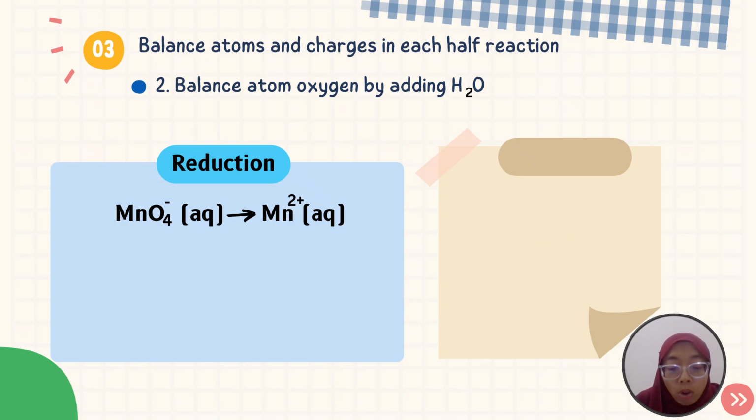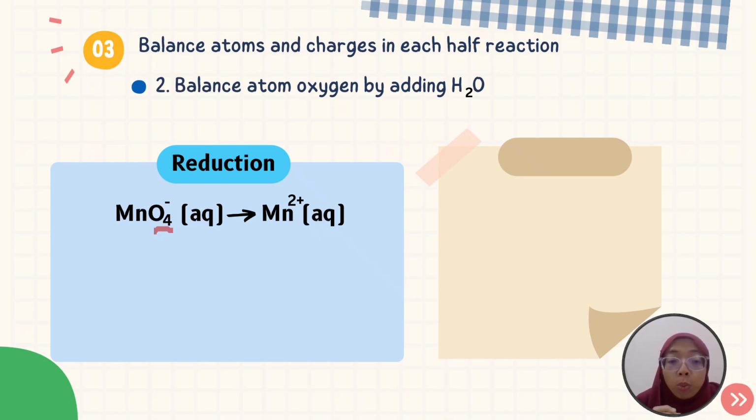The left side has 4 oxygen atoms. For the right side, is there any oxygen? No, right? So how to solve it?